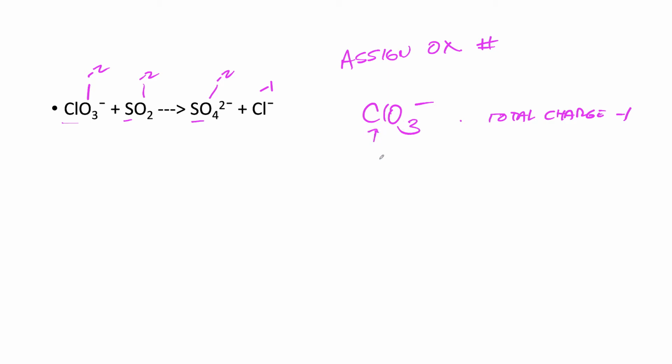What is chlorine? We don't know that. So X plus 3 times -2 is going to equal -1. So -2 times 3 is -6. So this chlorine's oxidation number X plus -6 should equal -1. If you do the math, X is equal to 5. So the oxidation number of this chlorine is 5.